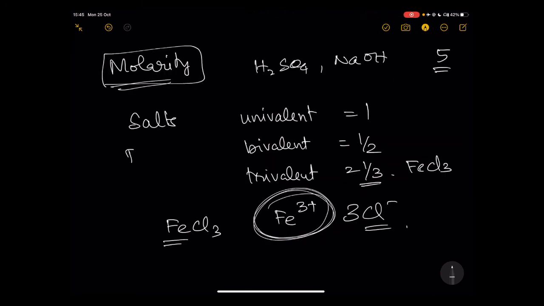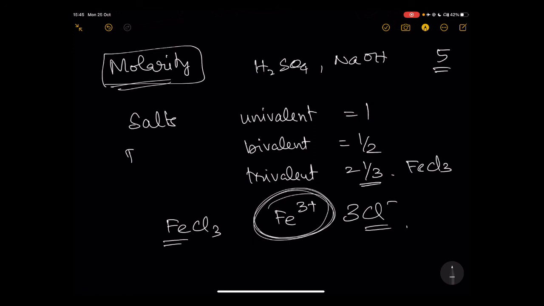The only other case that has not been discussed so far is what are the equivalents when it comes to, say, salts that are present. So in this case, if you have a univalent salt, the number of equivalents is 1. If you have a bivalent salt, it's going to be half, and trivalent will be 1/3.